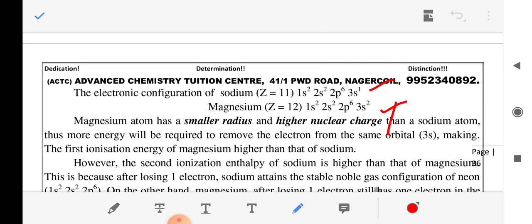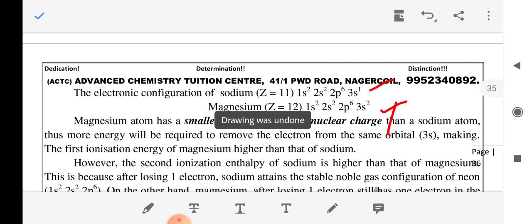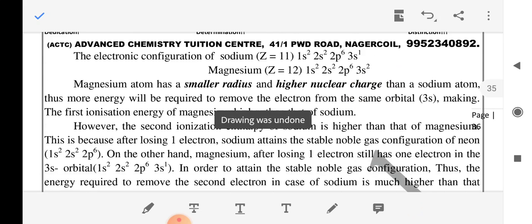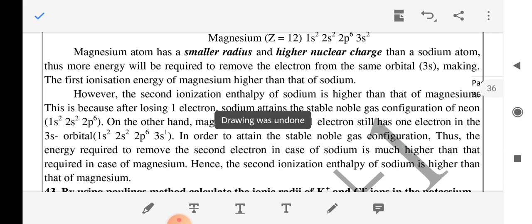This is because after losing one electron, sodium attains a stable noble gas configuration, neon. On the other hand, magnesium, after losing one electron, still has one electron in the 3s orbital. That is why the second ionization enthalpy of sodium is higher than that of magnesium.